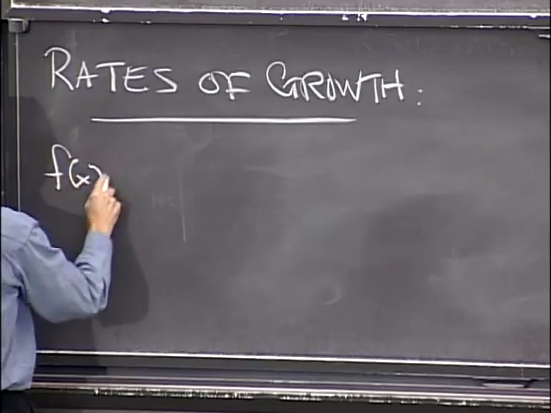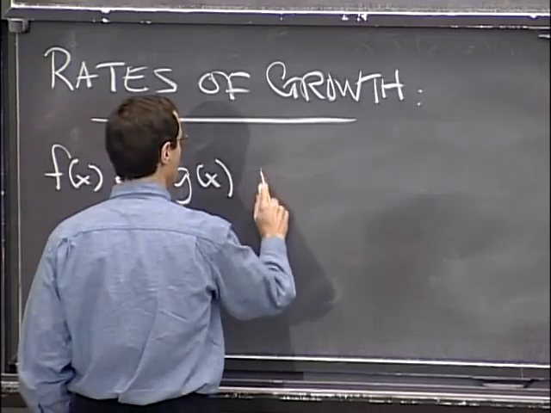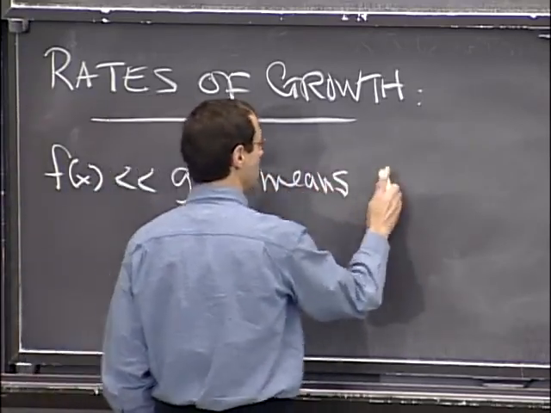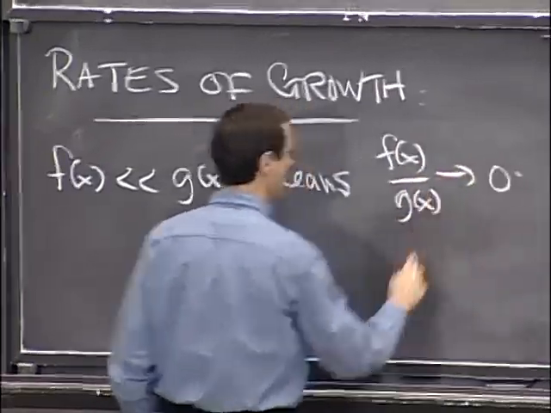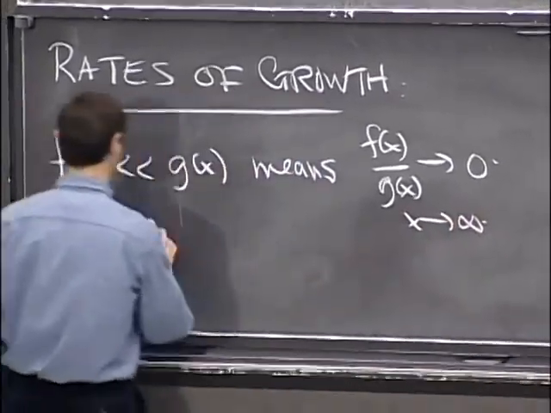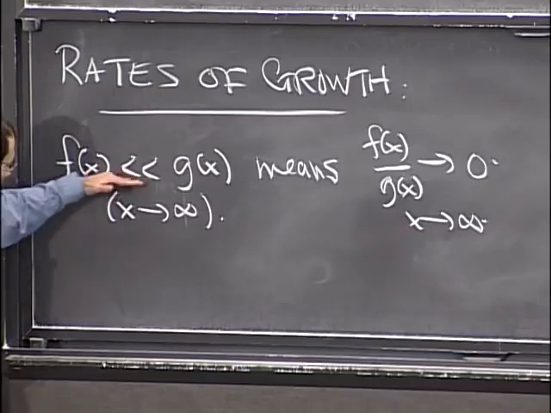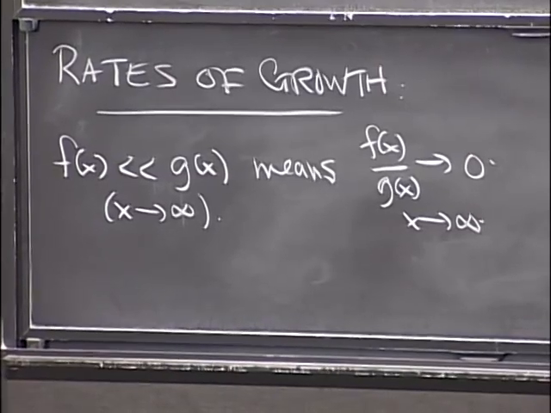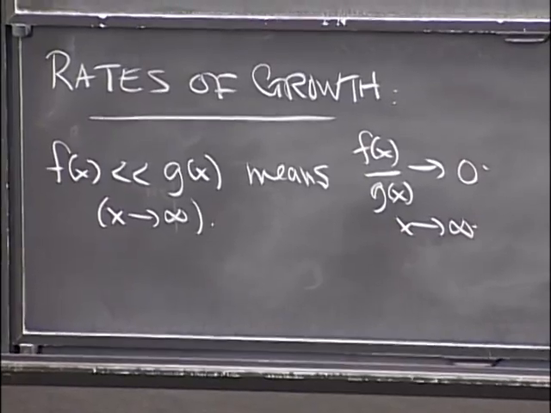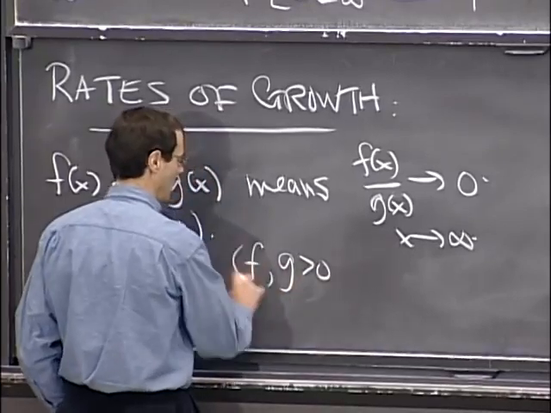Namely, we say that f of x is a lot less than g of x if the limit of f over g as x goes to infinity tends to 0. So this is a new notation for us. F is a lot less than g. And it's meant to be read only asymptotically. It's only in the limit as x goes to infinity that this happens. And implicitly here, I'm always assuming that f and g are positive quantities.